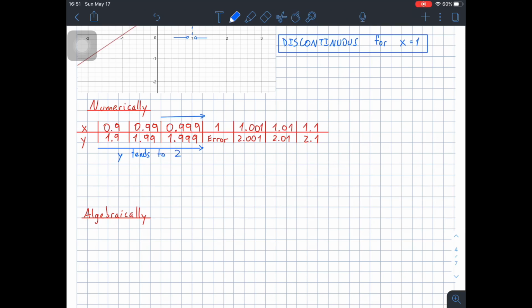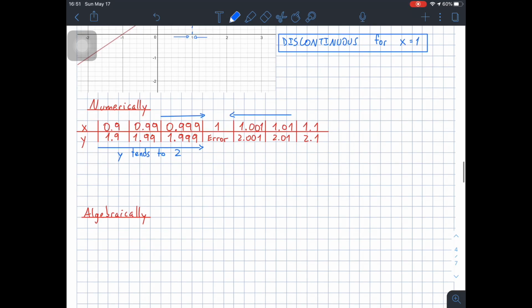And if we do the same analysis from the right side, when we approach x equals 1 from the right side, you see that the y values are also converging to the value 2. Y tends to 2. And this is not always the case, right? There are some cases in which when we approach from the left, the value we get is not the same as when we approach the function from the right. You will be seeing that in the last example.